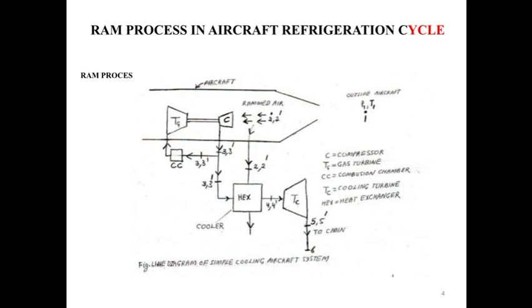So 10% of that air we withdraw goes to the heat exchanger, then to the TC, the cooling turbine, and after that it goes to the cabin. So if 100% air goes to the aircraft, then 80 to 90% is consumed by the aircraft engine, and the remaining air we withdraw for the air conditioning unit.